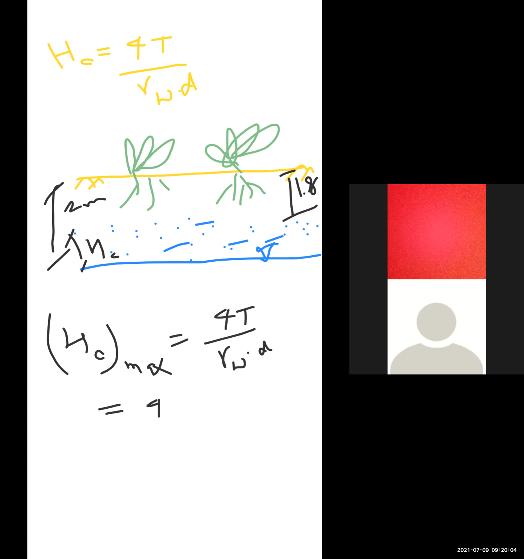So surface tension is given, that is 0.054 divided by gamma W 9.81 into D, that is 0.08 into 10 to the power minus 3.